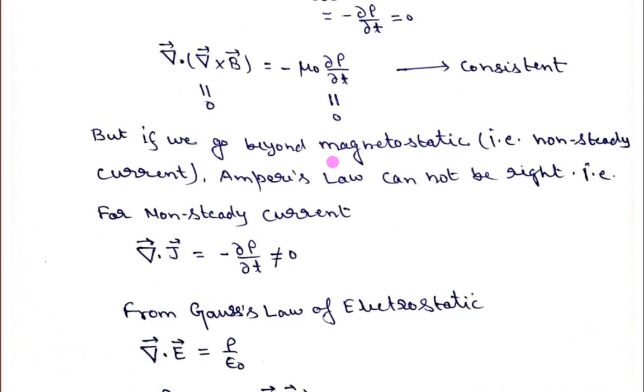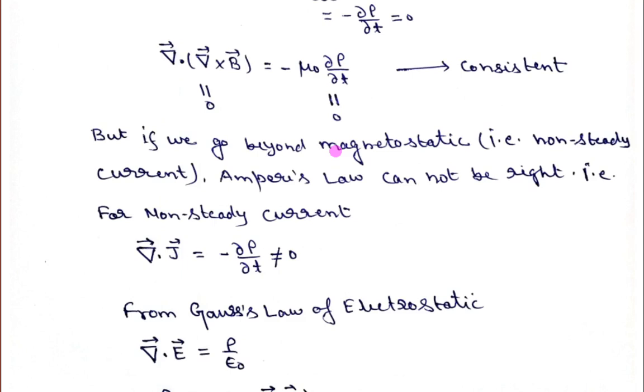Static means, in electrostatics, that it originates because of stationary charges. The source charges are stationary, and then we calculate electric field, electric potential, and everything. That is why we called it electrostatic.